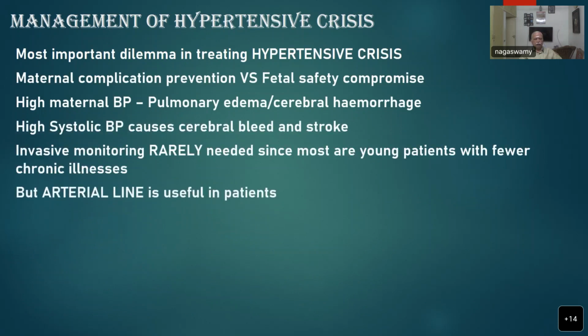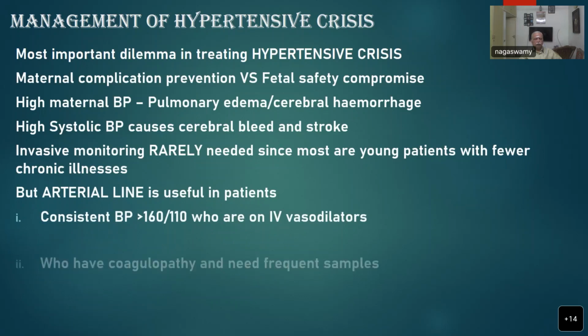But an arterial line is useful in the majority of patients because for a consistent BP more than 160/110, in those who are on IV vasodilators, an arterial line will give the correct measurement of BP rather than non-invasive blood pressure.